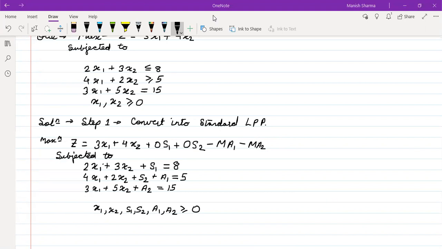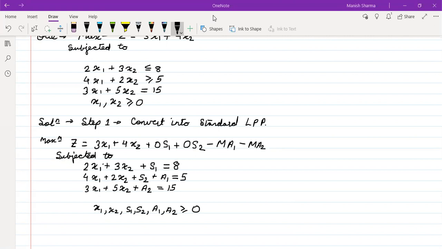Please unmute yourself. Why have we taken this 0 S1 and 0 S2? We have taken 0 S1 and 0 S2 because we don't want our slack variable and surplus variable to have any impact on the objective function.